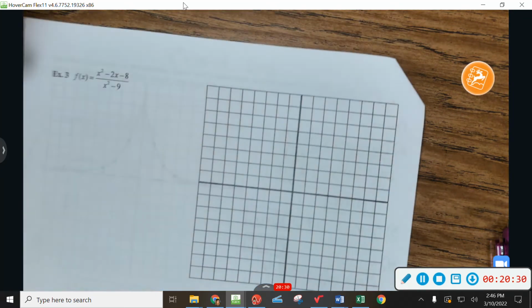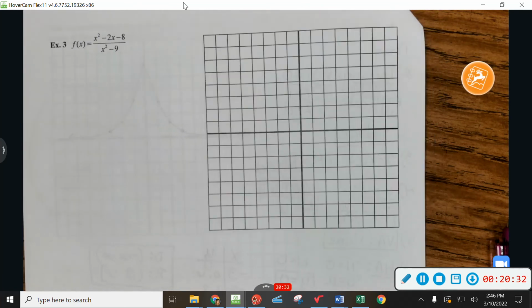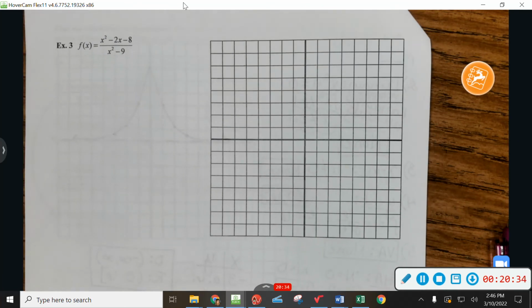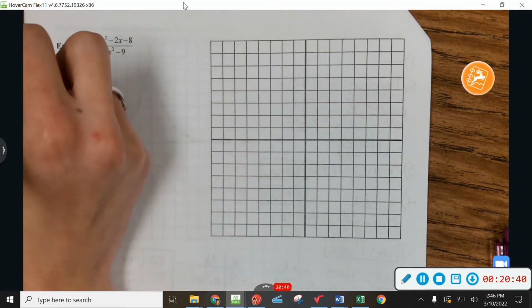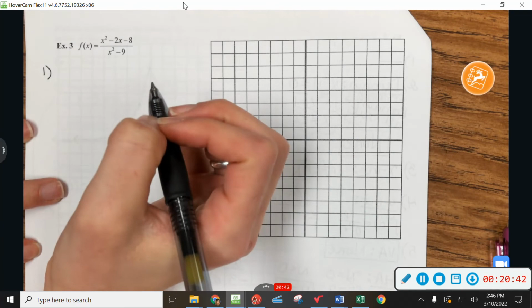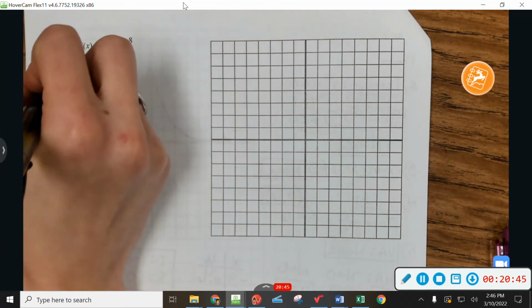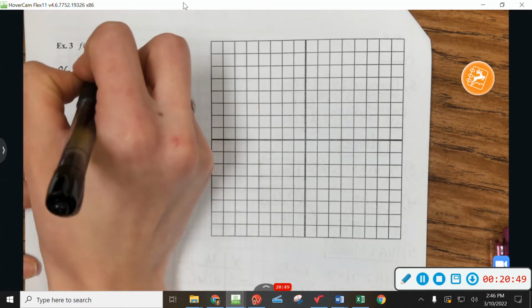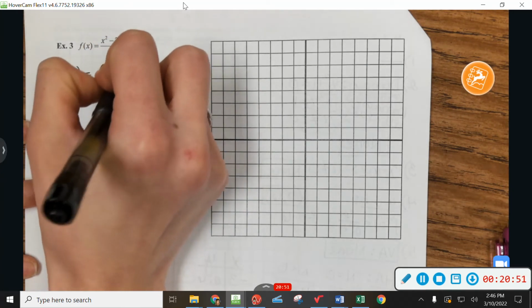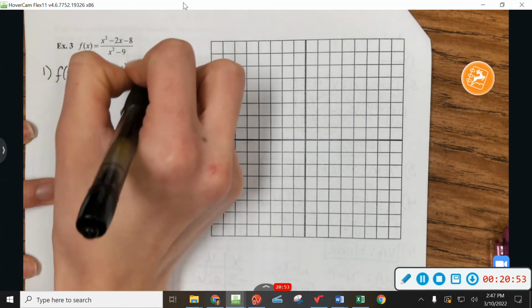Okay. So example 3. f of x equals x squared minus 2x minus 8 over x squared minus 9. Our first step, can you factor it? Yes. So our numerator is going to factor into x minus 4 times x plus 2.